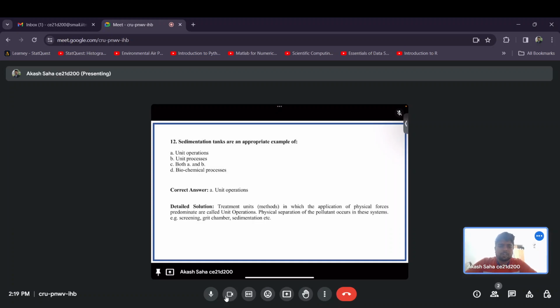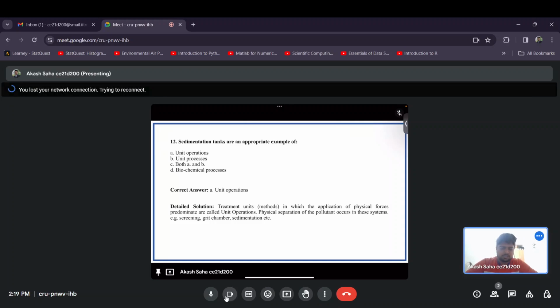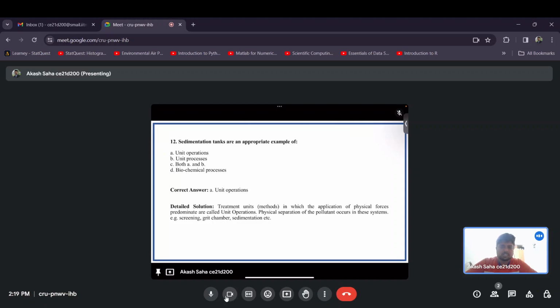Okay. Why is it a unit operation? Because these are treatment units in which the application of physical force is predominant. In a sedimentation tank, it is governed by physical forces. Hence it is called a unit operation. There are other physical or unit operations like screening, the grit chamber, sedimentation, etc. What are unit processes?